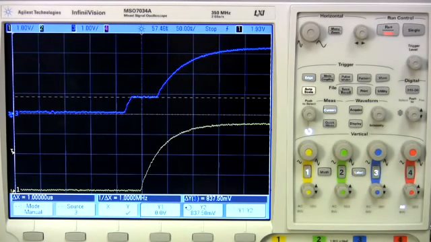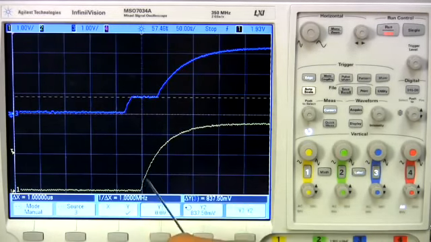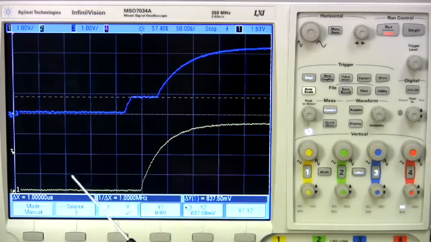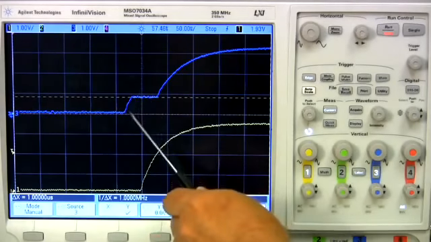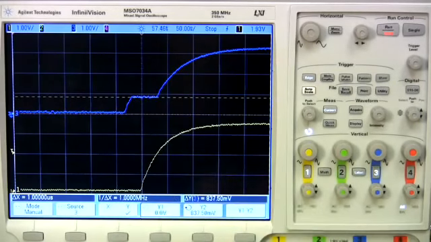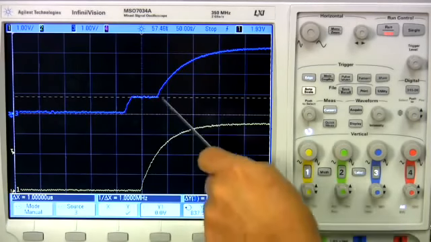Now let's look in more detail at a low to high transition when the SI3452 stops pulling low on the A side. In this screenshot, blue is again the A side and yellow is the B side. The initial low on the A side causes a low on the B side. When the A side releases, the B side must go high before the bus can release on the A side.